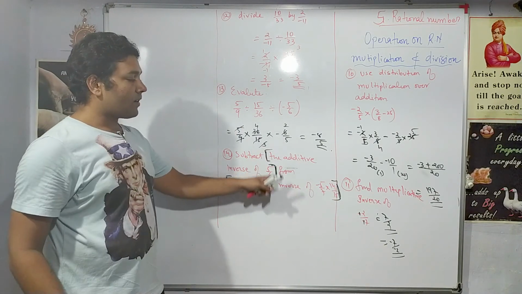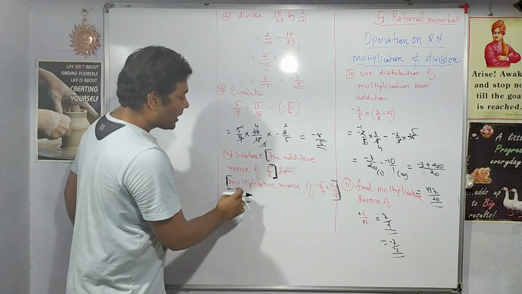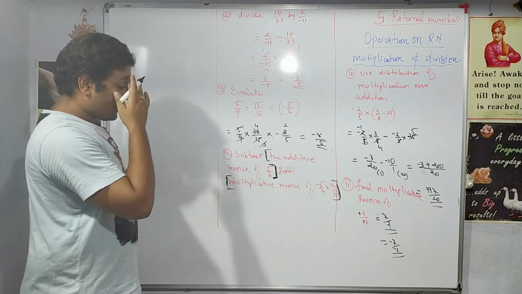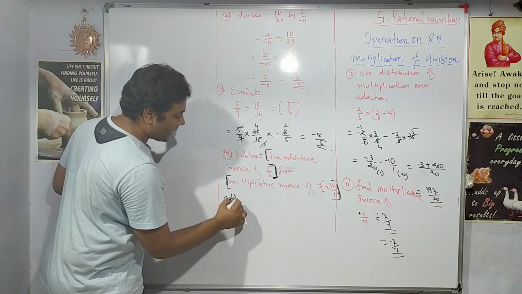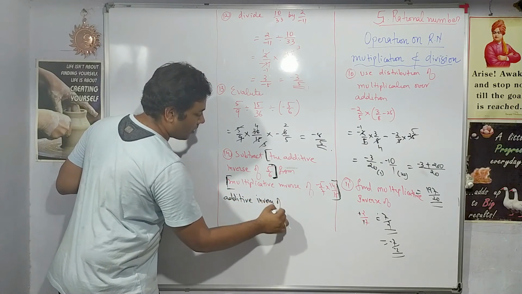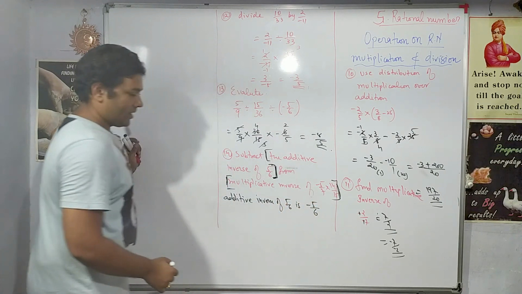So we will simplify both the parts first, because this part also has something more to do and this other part also has something more to do. So additive inverse of 5 by 6. What will be the additive inverse of 5 by 6? Additive inverse of 5 by 6 is minus 5 by 6.